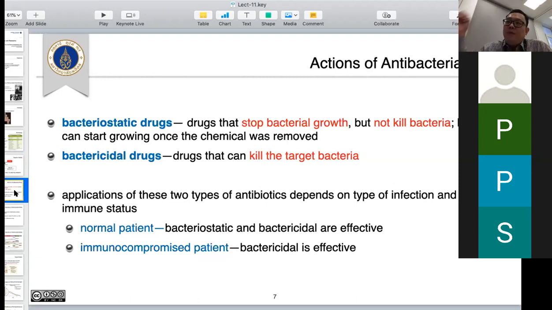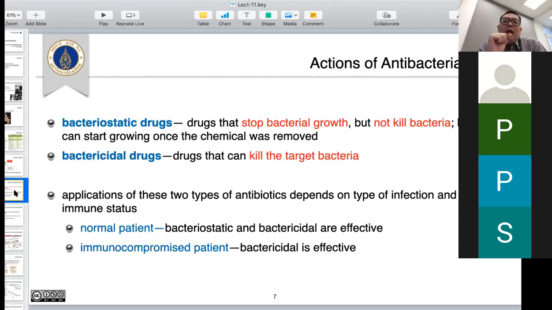Once you remove the bacteriostatic drug, bacteria keep multiplying and growing. Another type is bactericidal. Bactericidal is a drug that can kill bacteria, not just stop them. Even if you remove the bactericidal drug, the bacteria die. Okay, that's two types.